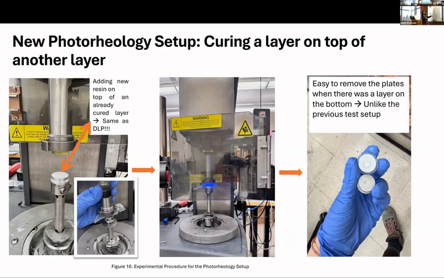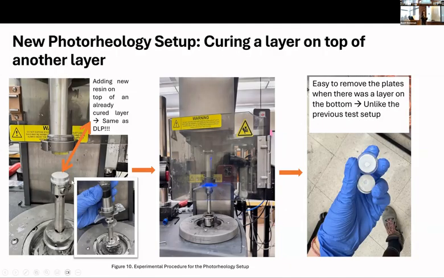And this is kind of a new approach that we tried. Also, it's not really existent in the literature. This is a photorheology setup. We wanted to see the effect of interlayer adhesion on our mechanical properties. So we first print a single layer on a plate.